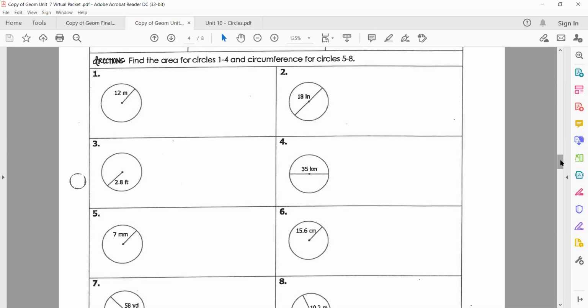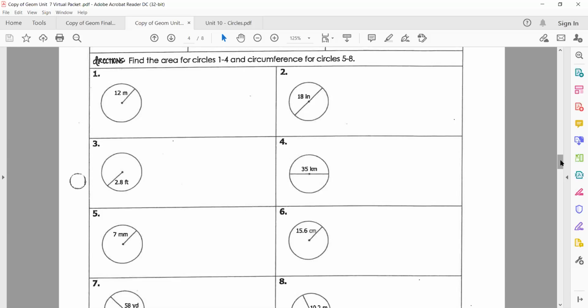On my scientific calculator, there's actually the constant pi. So let me see what happens. Pi times 144. What did you get, Jonathan? What was the answer that you got?